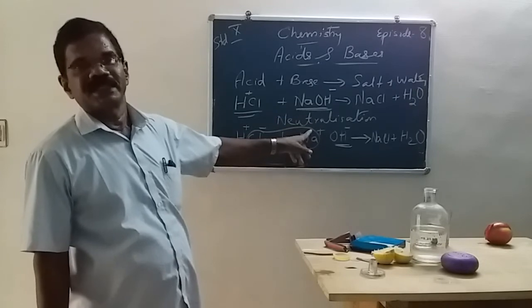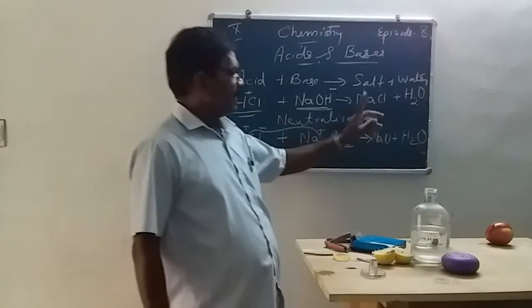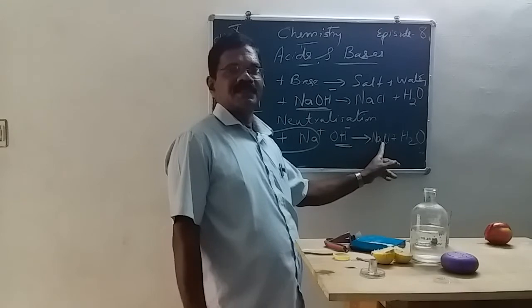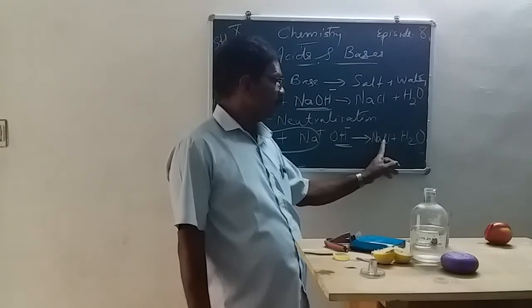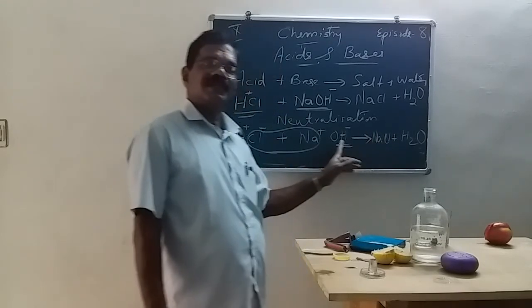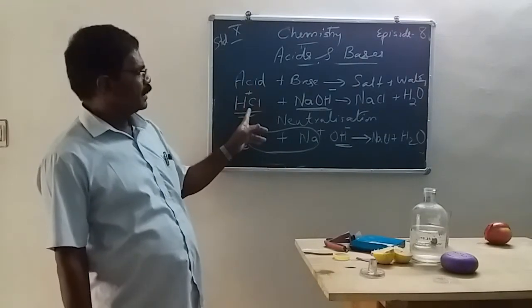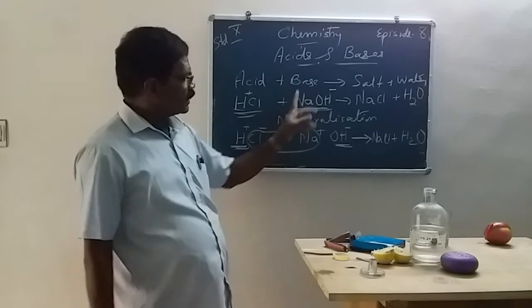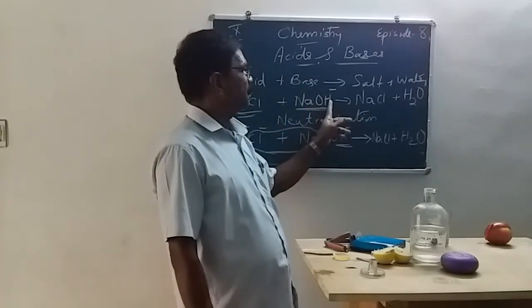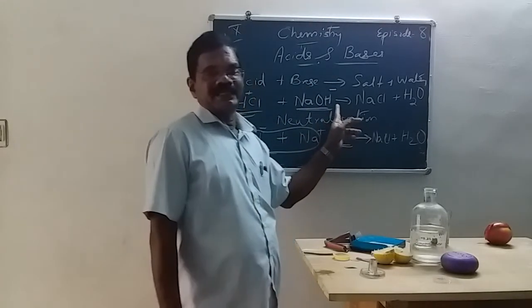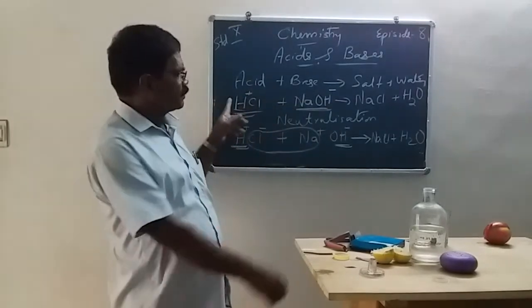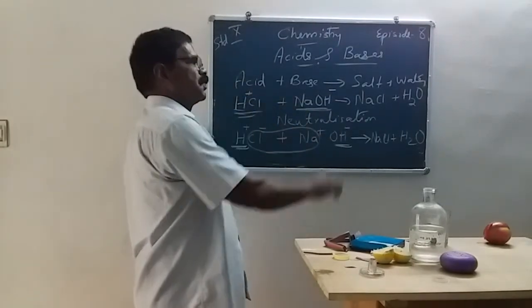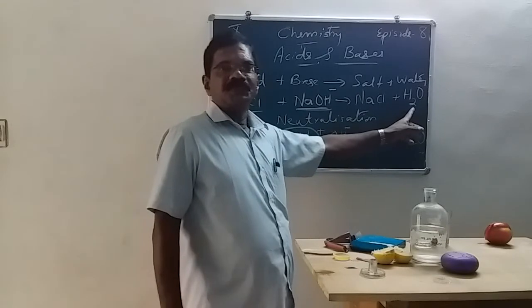What do we mean by neutralization? The product is neither acidic nor basic. It does not show the property of either acid or base. The acidic property is due to the presence of H positive ions and the basic property is due to OH negative ions. On reacting with each other, these ions combine to form H2O.